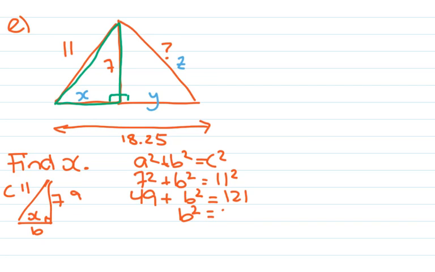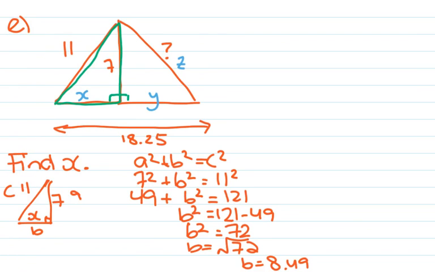Take away 49 from both sides. So that is 72. Now I need to take the square root of both sides. And the square root of 72 is about 8.49. So I found this one is 8.49.